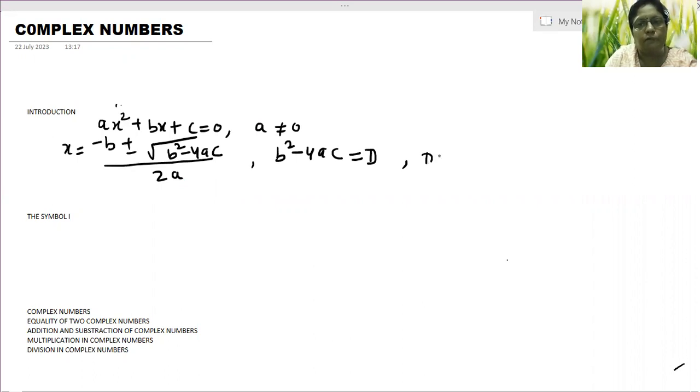If discriminant is greater than 0, then roots are real and distinct. Okay, and if D is equal to 0, then equal and real root.